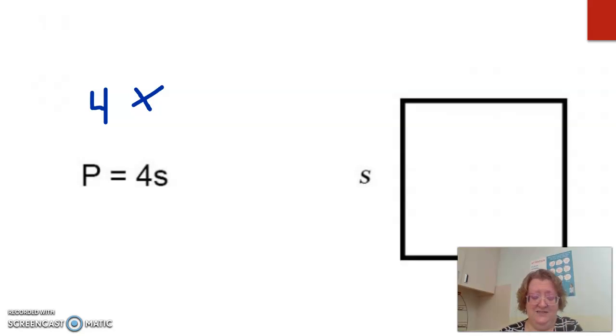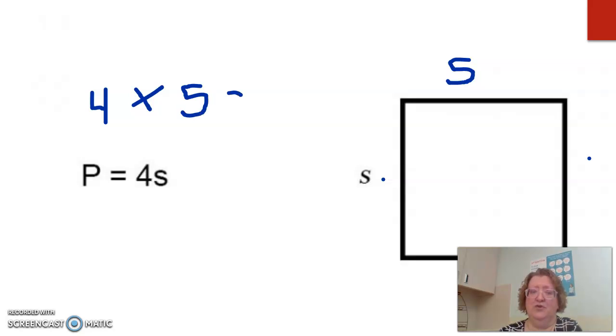So if this side is 5, what would this side be? 5, and here 5 and 5. So to do the formula, perimeter equals 4 times S, the S would be what number? 5.